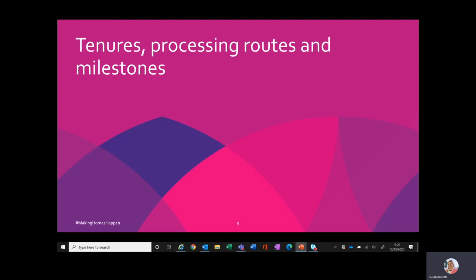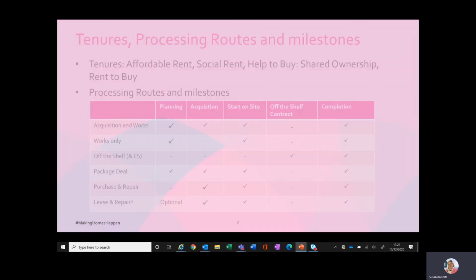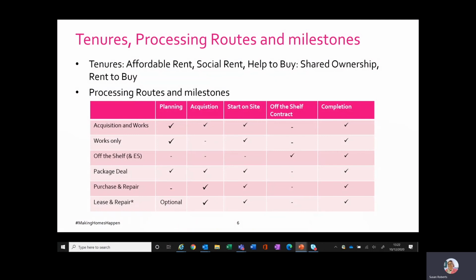So first, tenures, processing routes and milestones. In terms of this 21-26 programme, the tenures that are available under the programme are affordable rent, social rent, help to buy shared ownership and rent to buy.